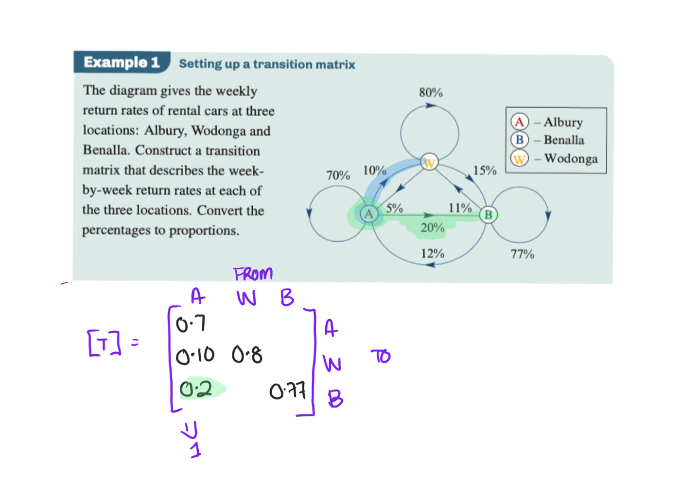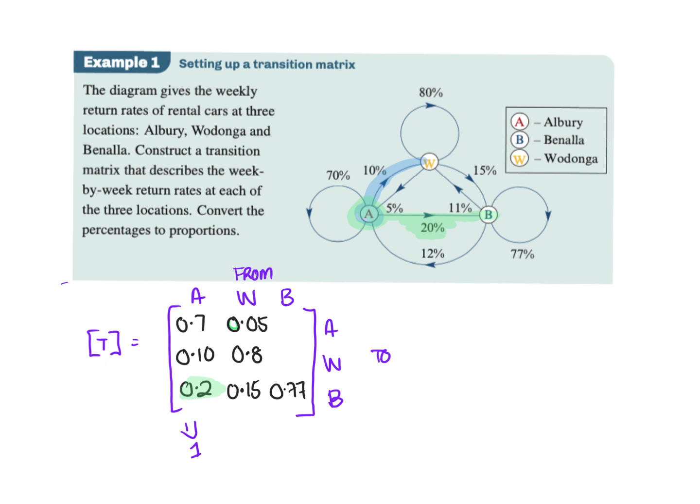Okay, let's fill in the rest of it. Starting at Wodonga and going to A is 5%, sorry, 0.05. So that means I'm up to 0.85. What would this bottom one have to be? 1, because it's got to add up to 1. So double check that, Wodonga from W to B. Does it say 15%?